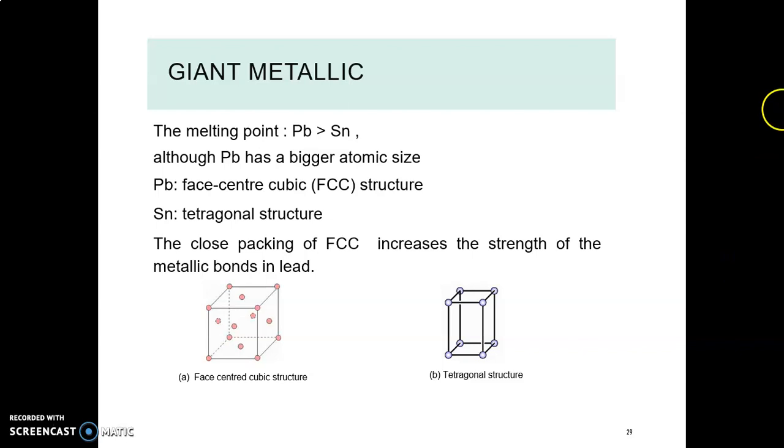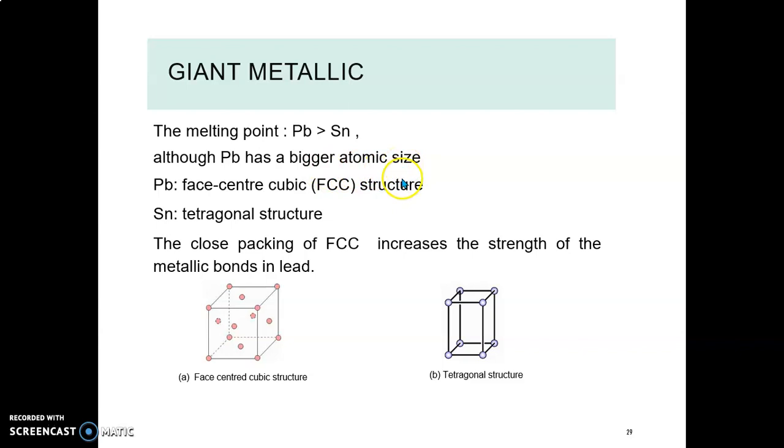For giant metallic, the melting point of lead is higher compared to tin, even though lead has a bigger atomic size.